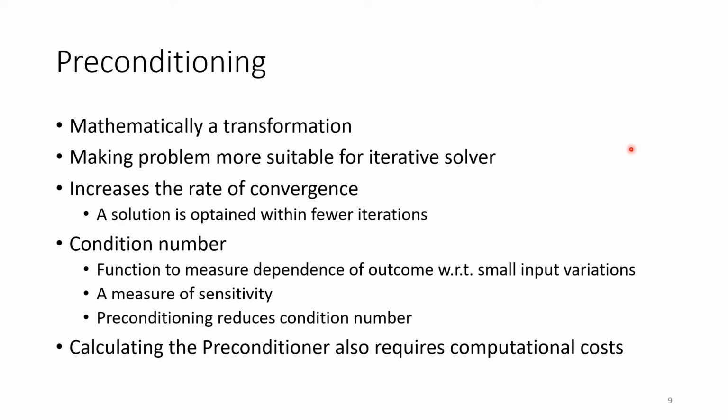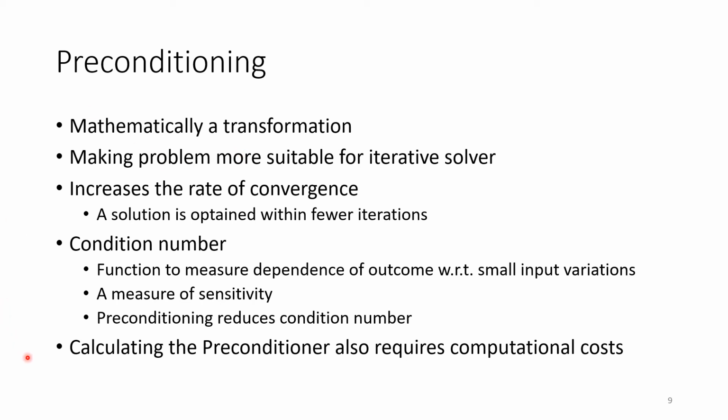There's something called the condition number, which can be theoretically computed. The idea here is to measure how much a function relates to small variations of the input variable. So it's a kind of sensitivity measure, and the idea during preconditioning is to reduce this condition number. For you, more as a practitioner who wants to apply things and not worry so much about the mathematics behind it, you can use a preconditioner.